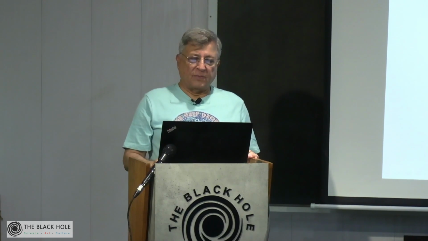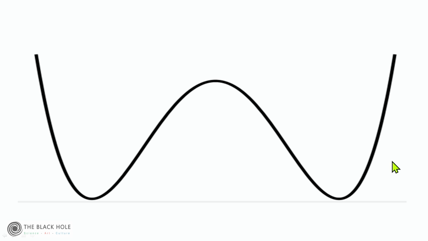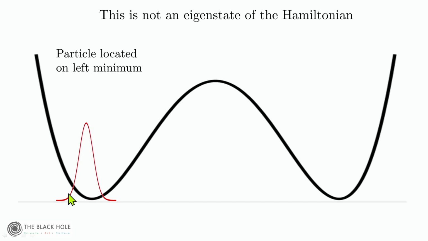Now I move to a different topic, the double well. So here I have two vacua. This is the lowest energy state here, lowest energy state here. They're degenerate. If there's a particle which is confined over here, well, it'll have some energy and it'll be bouncing back and forth, assuming it doesn't have energy to go over the hill.